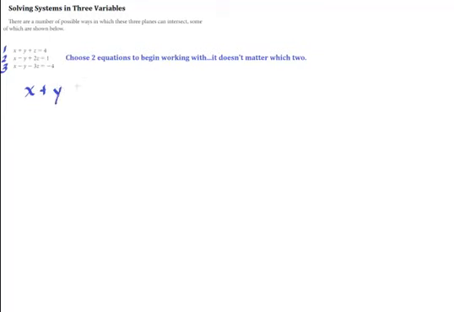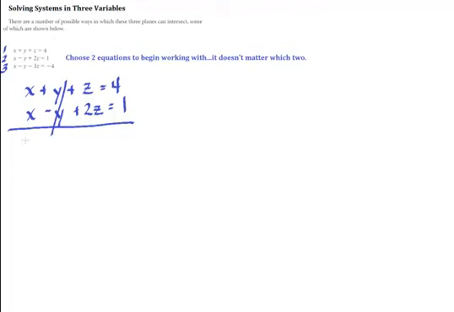Like I said, it doesn't matter which ones you pick. I chose 1 and 2 because I saw that if I add them, my y's will disappear, and I thought, that's a good place to start. But you could start with any two equations. I'm going to add these two equations and make the y disappear.